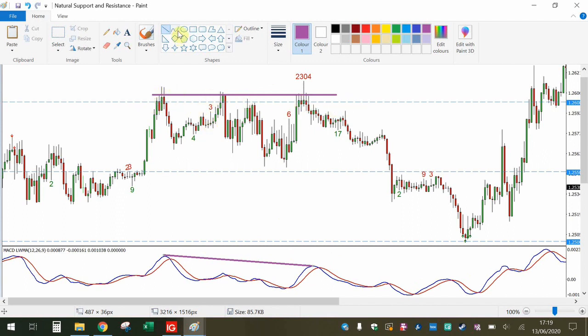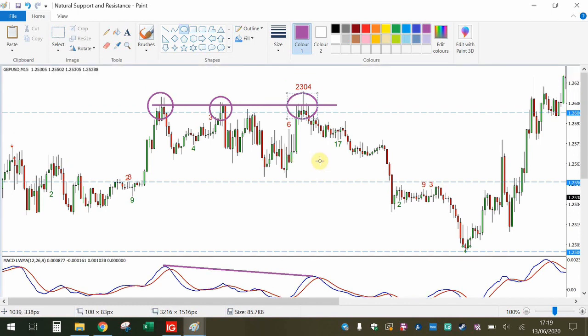You've got 1, 2, 3 touches of that area, and every time price has got there, you've seen a retracement come into there. So that is, for me, a good sign for me to take a sell trade. And we're on a 15-minute chart, so price is moving quick, but not that quick for you to be able to make that analysis.